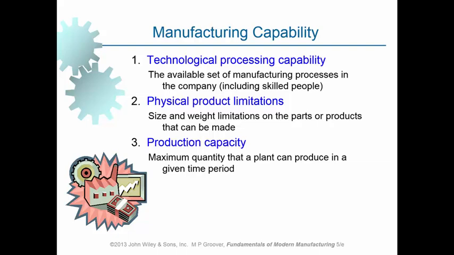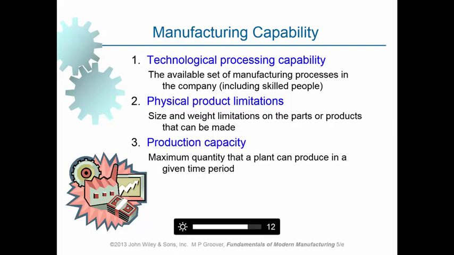The technology level of this company is at the level of producing just very basic parts, very elementary parts, or it is very advanced in a way that they can produce the most advanced products that are ever needed. Of course, physical product limitations play a role in what a company can do.